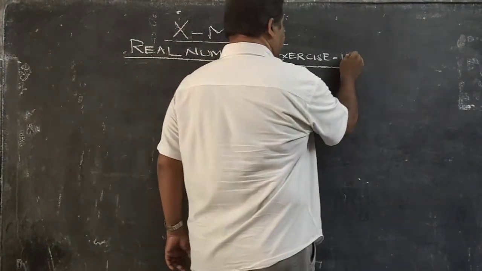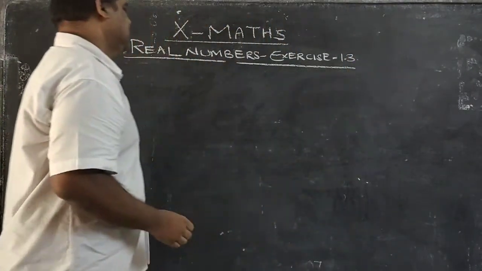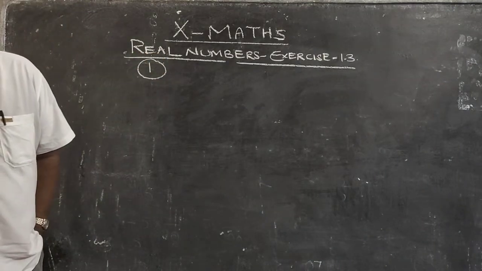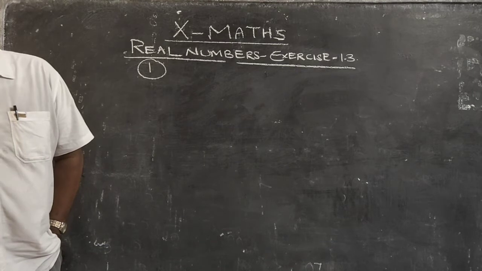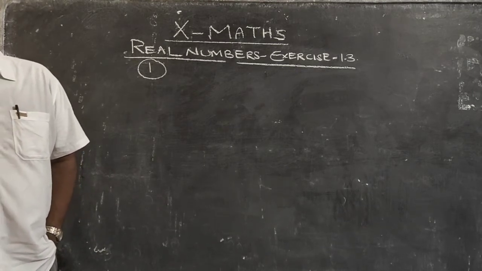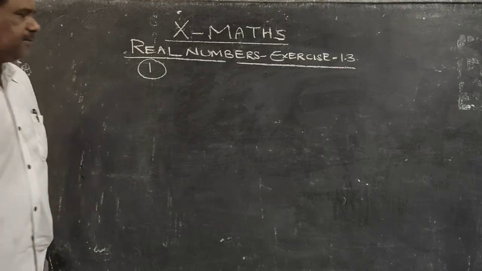Now exercise 1.3. First question: write the following rational numbers in decimal form and state which are terminating and which are non-terminating.